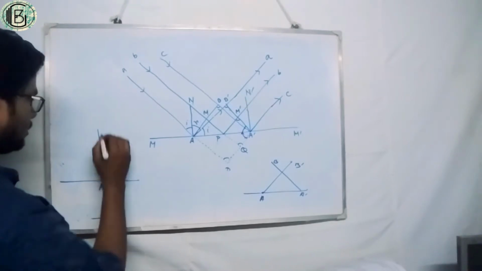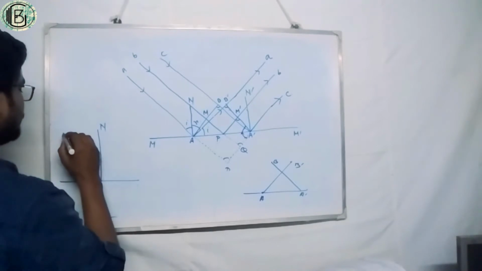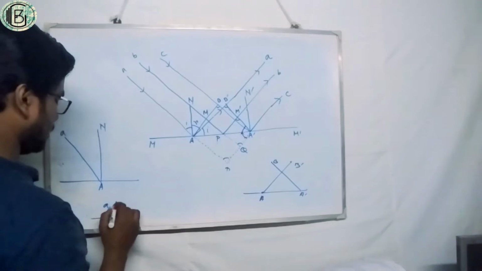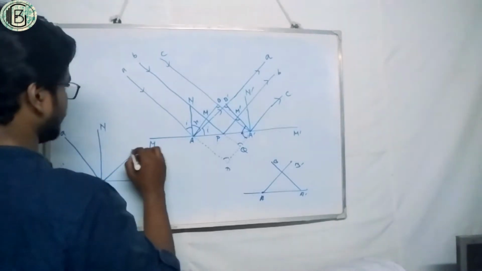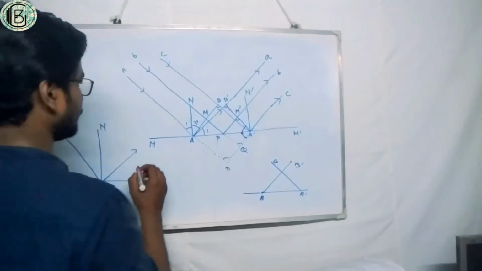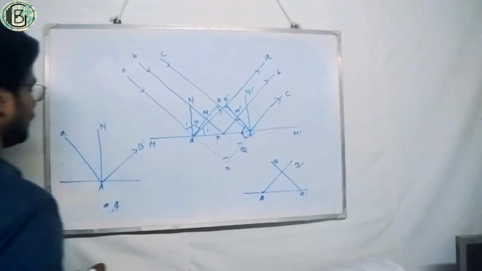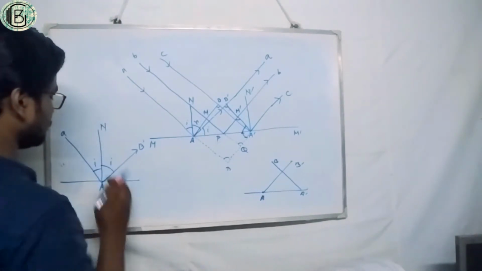This is A, N is the normal, and this is the incident light. So capital A is the incident light, and the reflected light is A B prime. Now this is I, this is R.